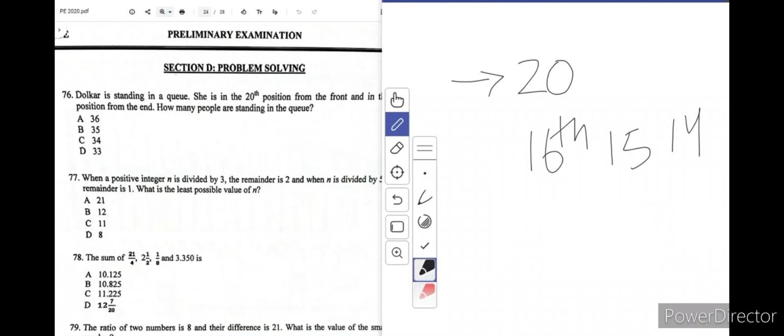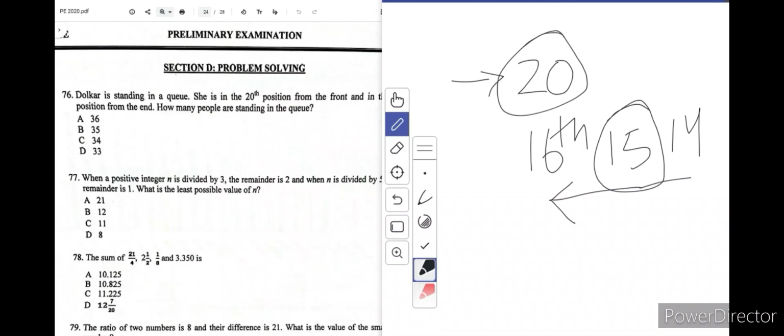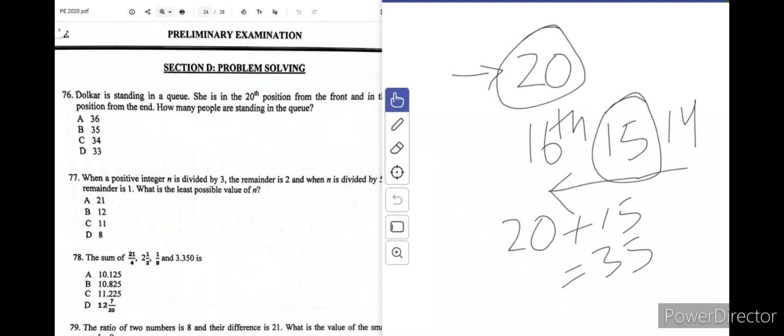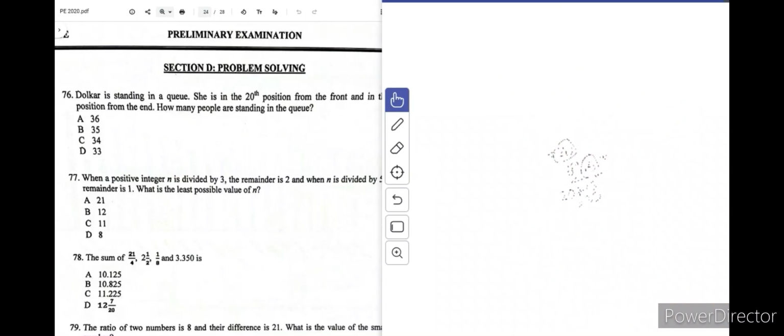So the number of people behind her is 15 and the number of people including her in front is 20. So the total number of people in the queue is 20 plus 15, which equals 35. So for question number 76, the correct answer is option B, 35.